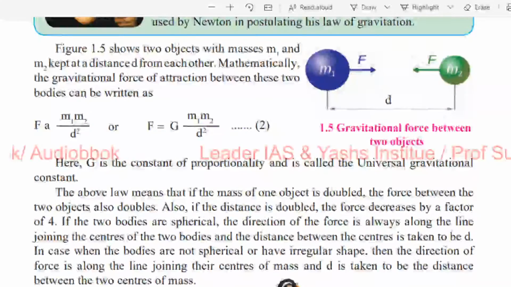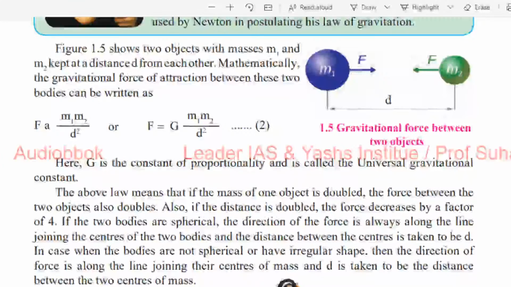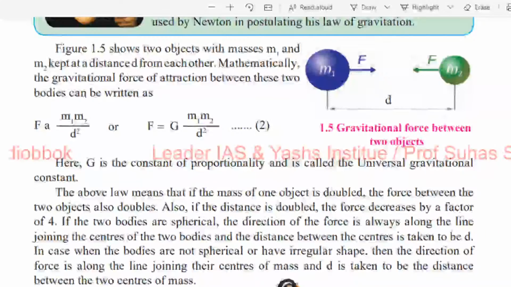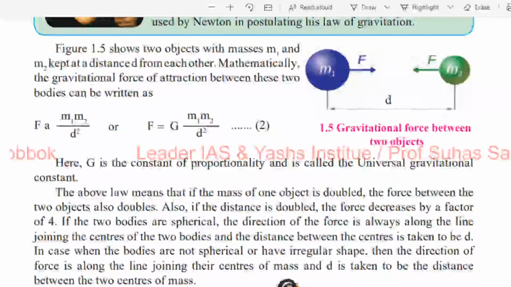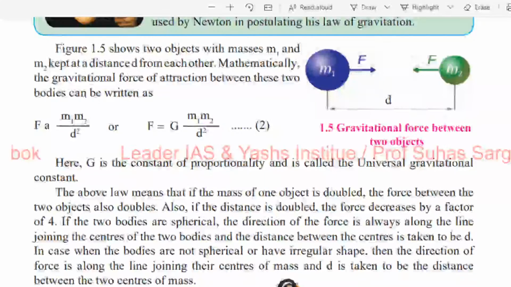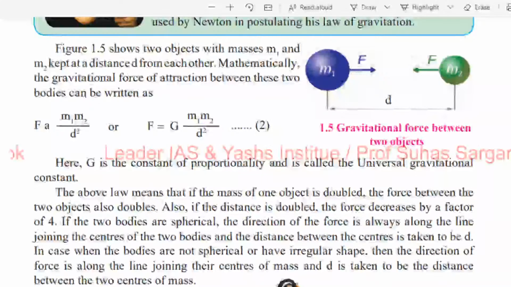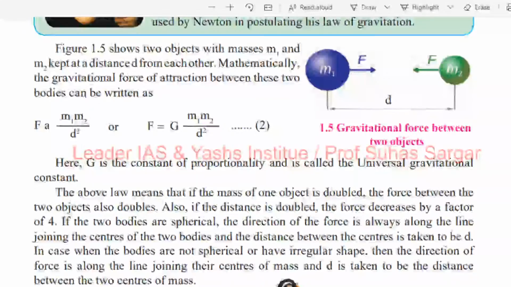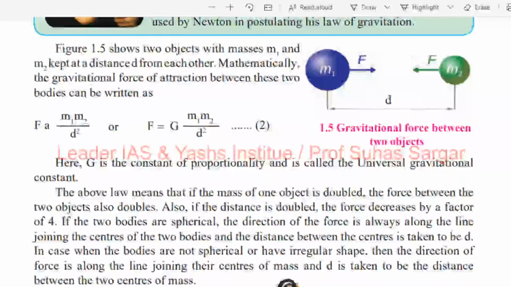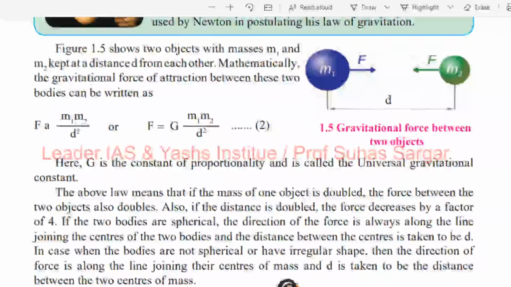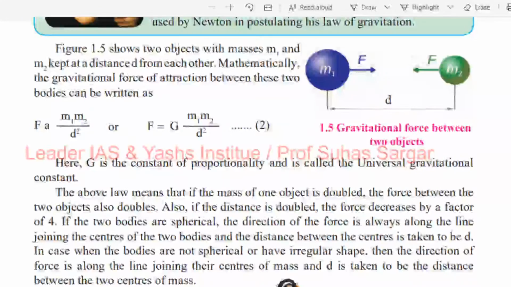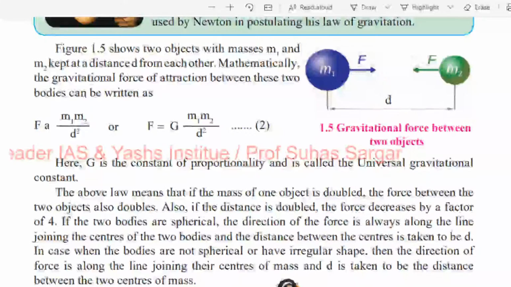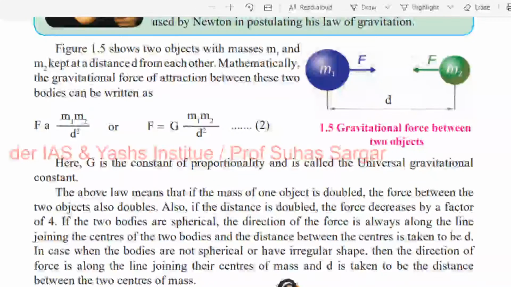Here, capital G is a constant of proportionality and is called the universal gravitational constant. The above law means that if the mass of one object is doubled, the force between the two objects is also doubled. Also, if the distance is doubled, the force decreases by a factor of 4.